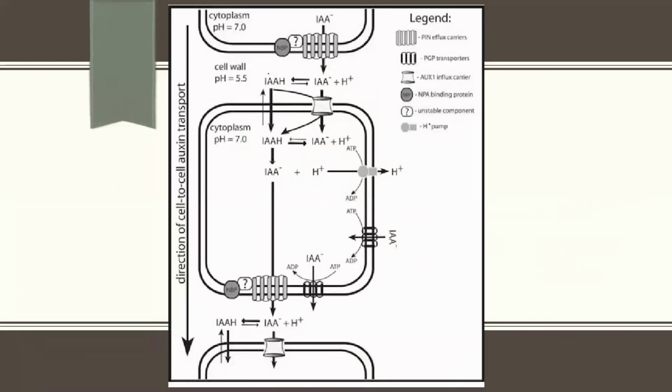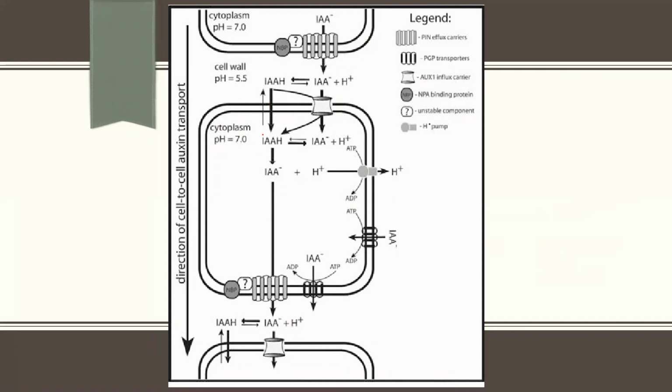The protonated form of auxin can pass easily into the cell's cytoplasm, but the deprotonated form needs energy to pass through.